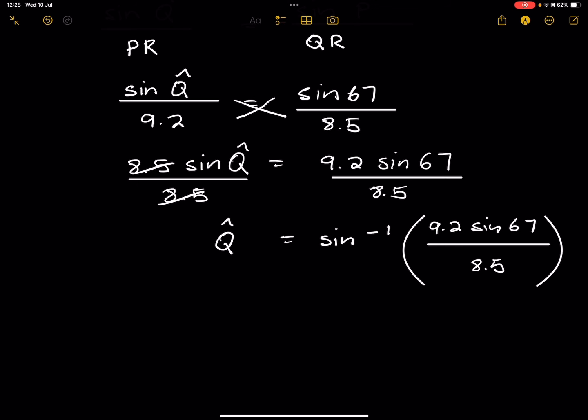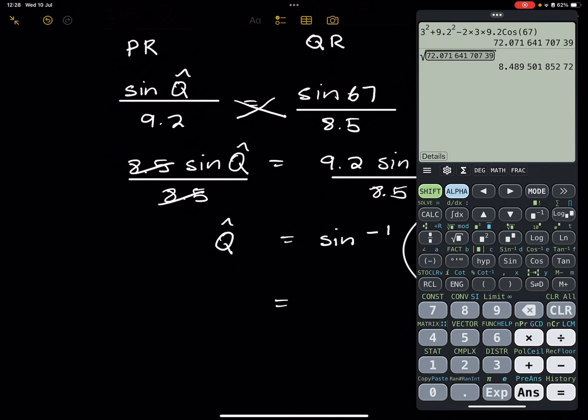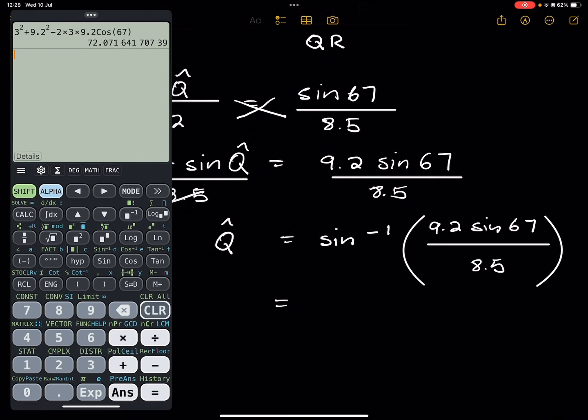So I'm going to try and work that out. What does that give us? I'm going to shift the sine, so that's the arc sine. I open my bracket: 9.2 sine of 67 divided by 8.5, and close that entire bracket.